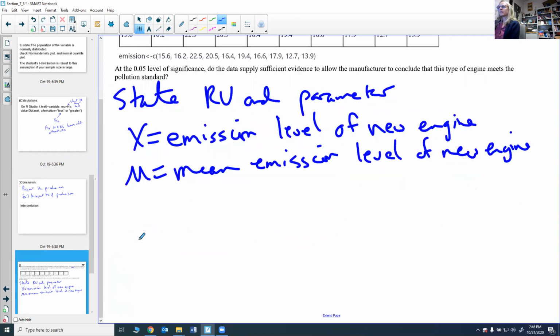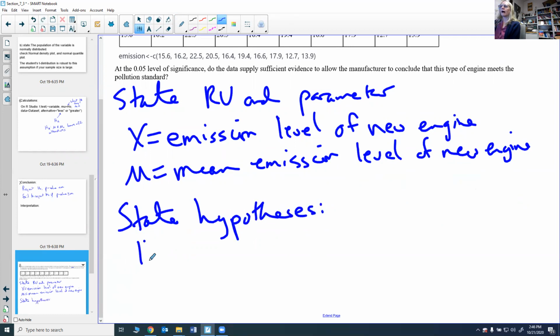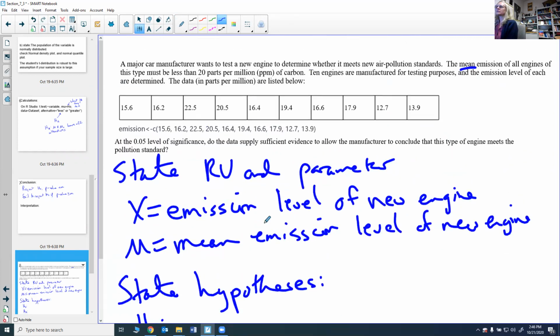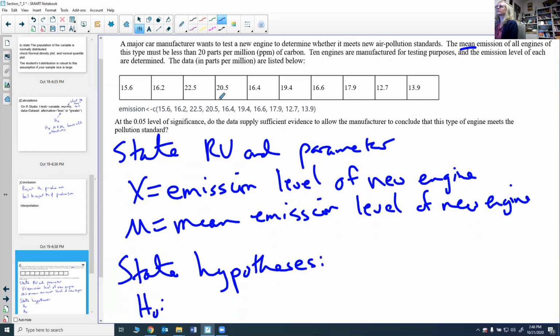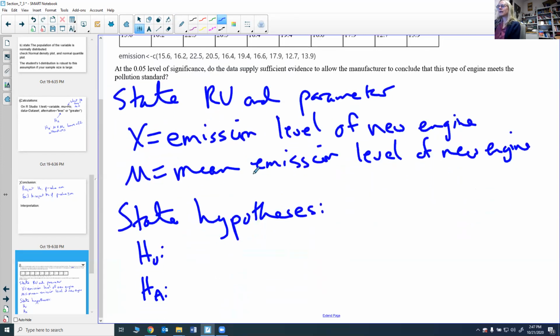Now that I've done that, I can write my hypotheses. We usually list H0 first, but I usually do HA first. So HA is talking about the mean emission level of the new engines. And up here it says that they must be less than 20 parts per million. So we know it has to be less.